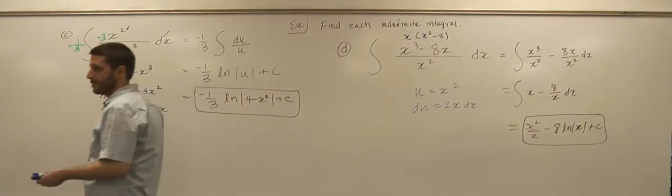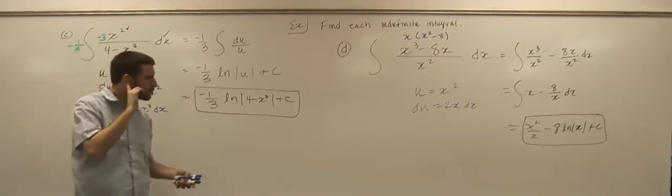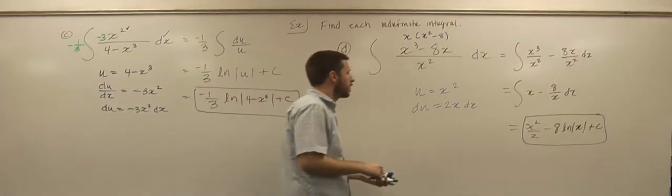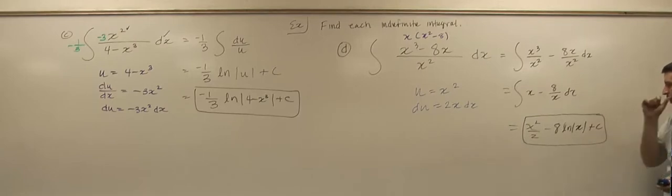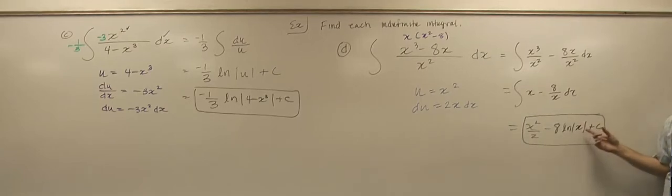If you had a power on x, can it move out of the absolute value? Yeah, if you end up with ln of x squared, you can get rid of the absolute value altogether. If you end up with ln of x cubed, you can put the 3 out front and just have absolute value of x here.